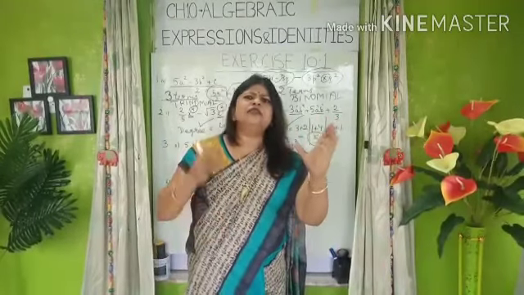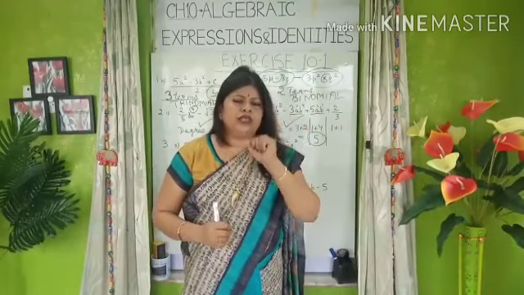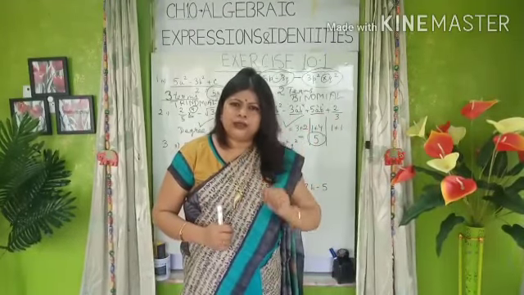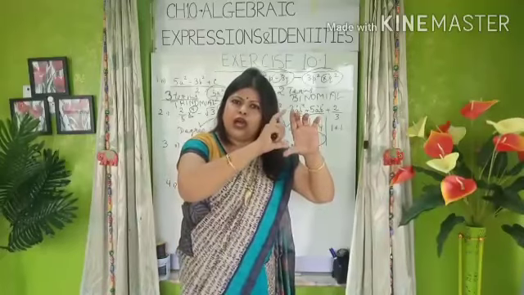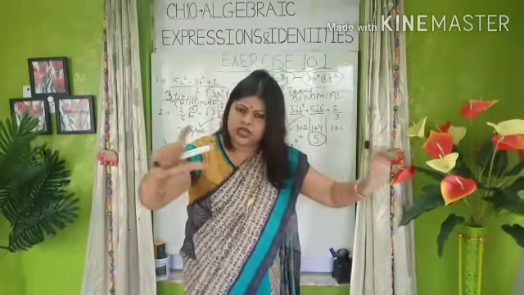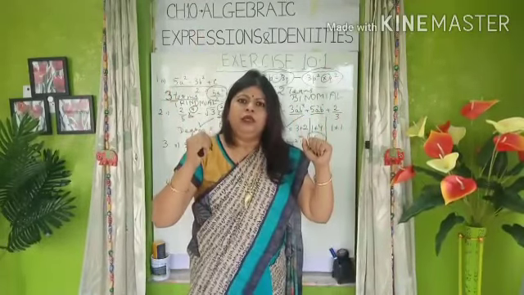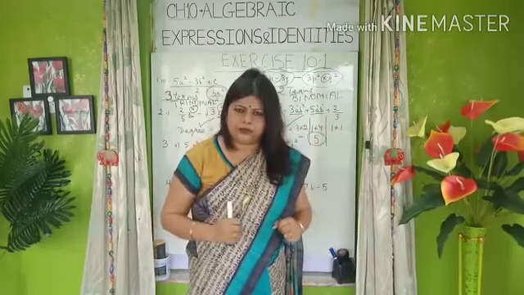How can we add and subtract algebraic expressions? We can do it by two methods. What are they? If you arrange it in a horizontal way, that is the horizontal method. If you arrange them in a vertical way, that is the column method.